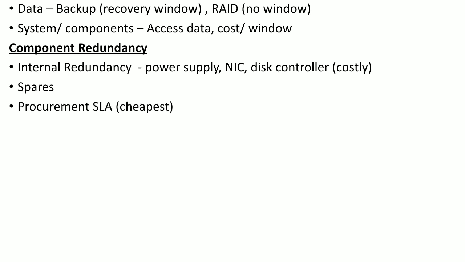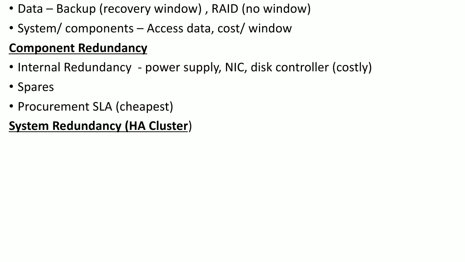And the third option, which is the cheapest, is to not have any internal component redundancy or any spares in your stores, but to have procurement SLAs, or service level agreements, with the vendor, and the vendor is obliged to provide you the spares in case of any failure of your component. So this is the cheapest option.